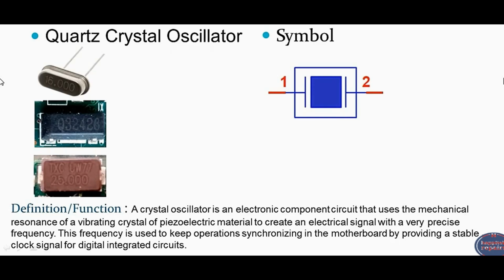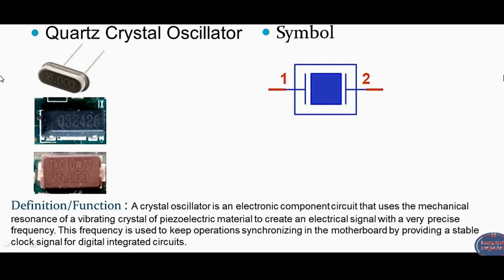As a definition, a crystal oscillator is an electronic circuit component that uses the mechanical resonance of a vibrating crystal or piezoelectric material to create an electrical signal with a very precise frequency. This frequency is used to keep operations synchronized in the motherboard by providing a stable clock signal for digital ICs, or integrated circuits.